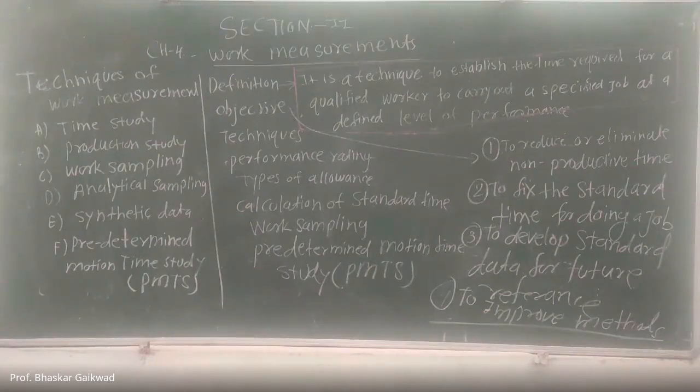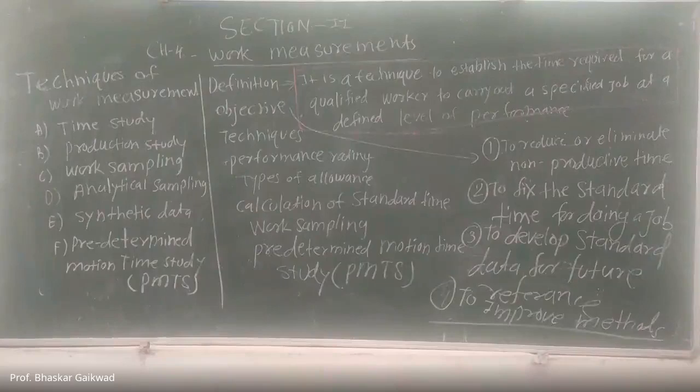To that, you add the personal allowance and contingency allowance, and then you get the standard time. And this standard time is fixed for that particular job, and on the basis of this, we pay the money to the workers. This is the thing. Third, to develop the standard data for future.